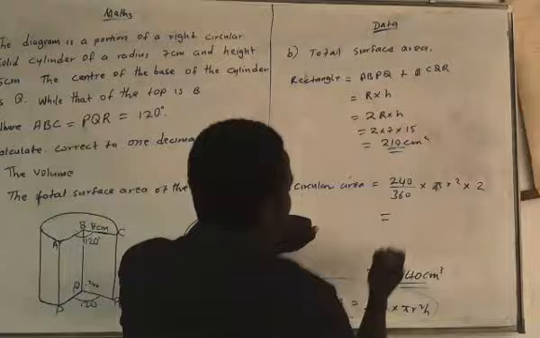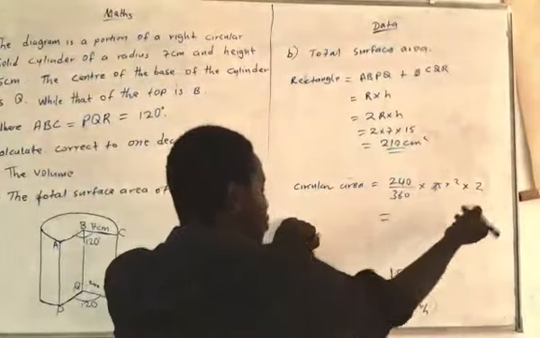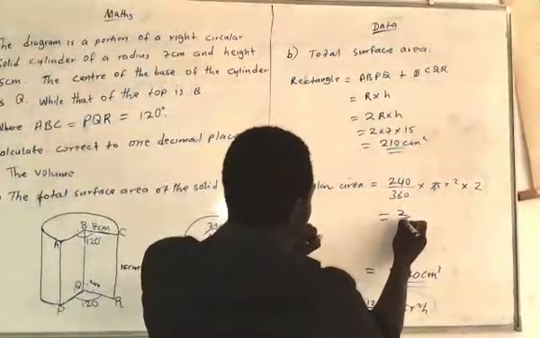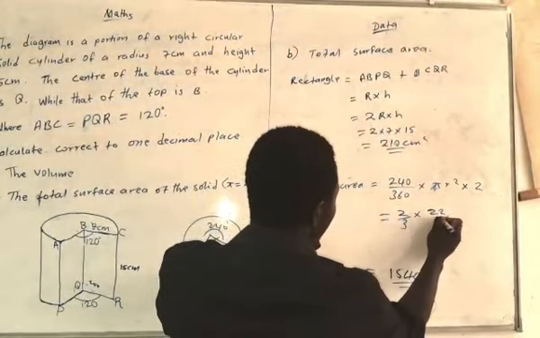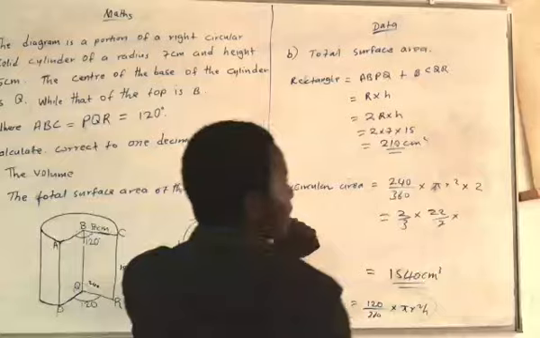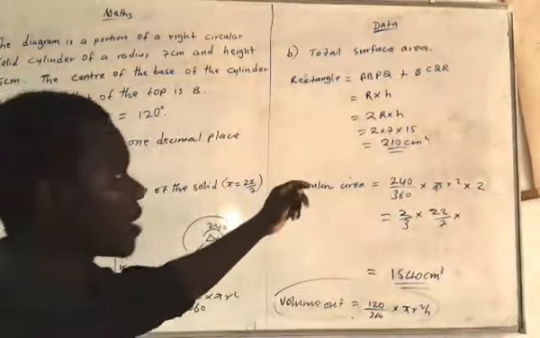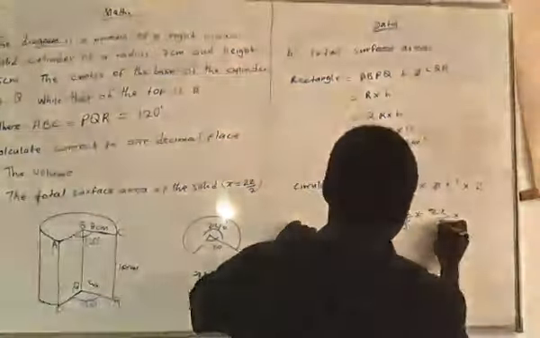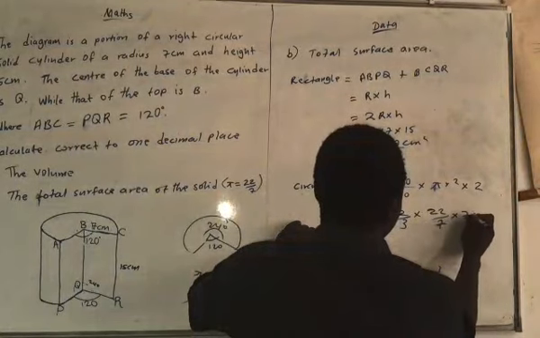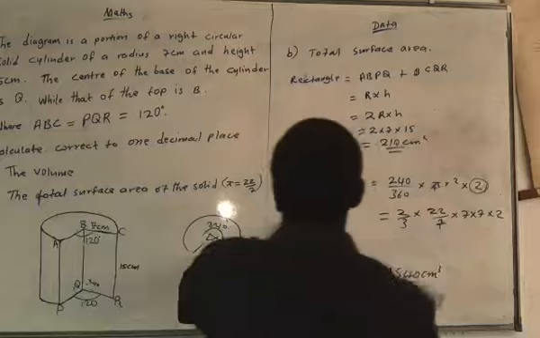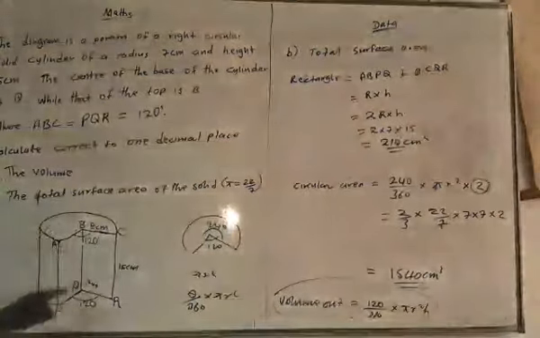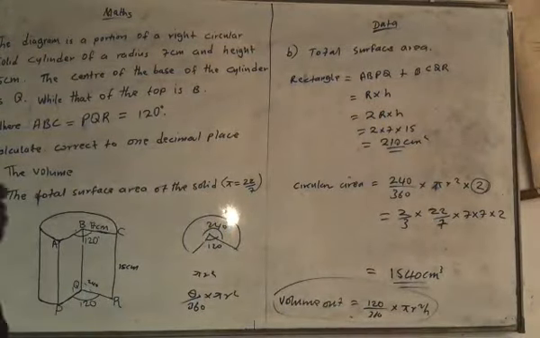So that will give us 240, but we know 240 over 360 is 2 over 3, so we can simplify that, times pi, which is given to me as 22 over 7, multiplied by the radius, which is 7 times 7, the same as 7 squared, times the 2. This 2 is because there are two sectors and both of them are equal.